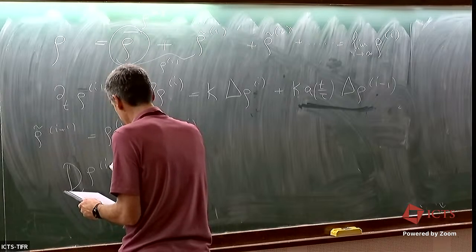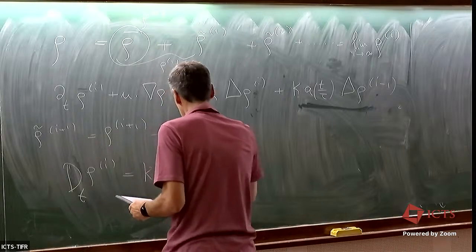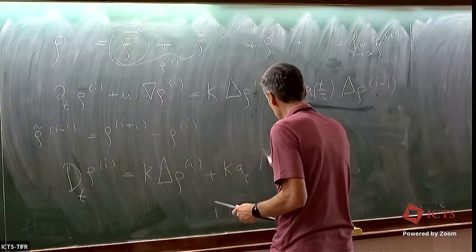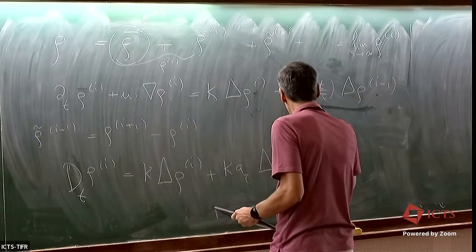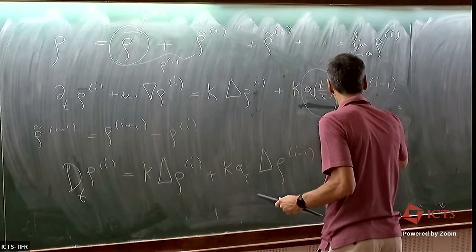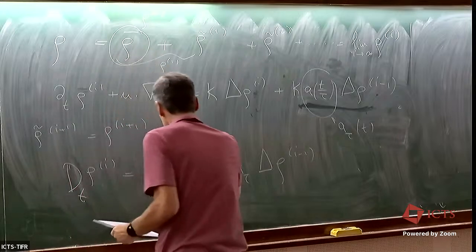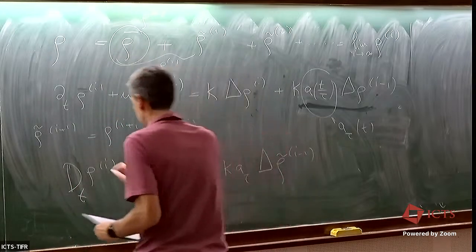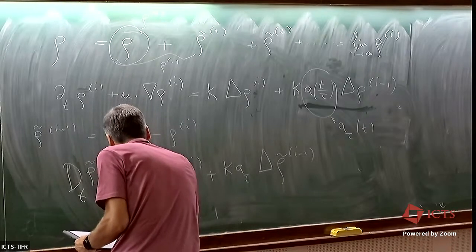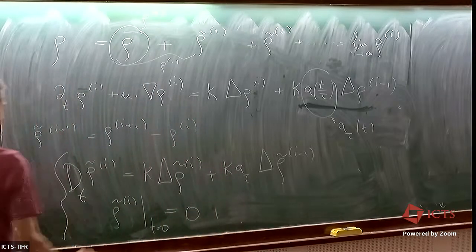So it's this. Okay, and another notation where I'm going to call this a tau of t. So these are with the tildes, equations, and then they have 0 initial data. Differences have 0 initial data.